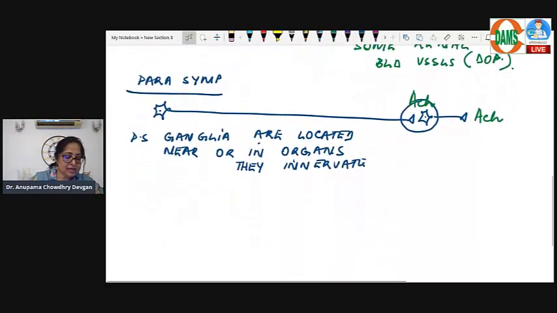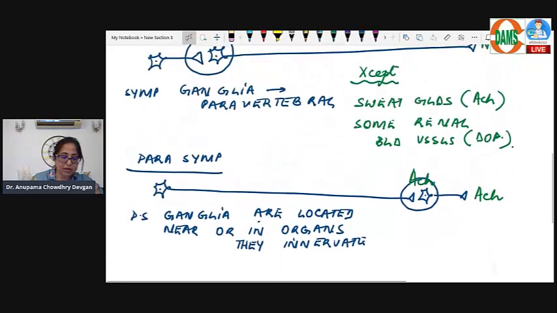Now, we've already done the myelination part. We said type B fibers are preganglionic. Preganglionic are always type B fibers, which are myelinated. Postganglionic are unmyelinated fibers. We've done that already.